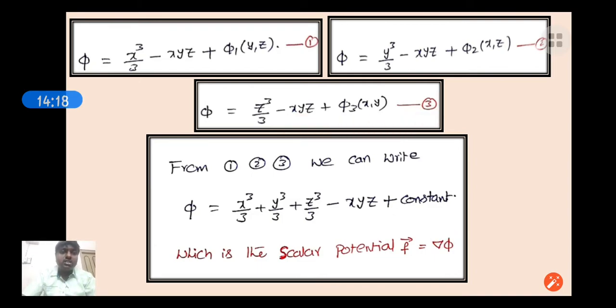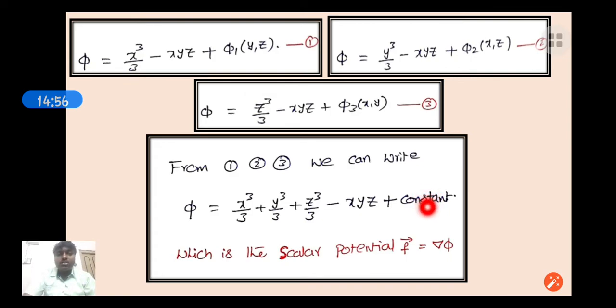So minus xyz is common in each and every equation, that's why instead of three times only I am writing one time minus xyz. Next, phi 1 is constant, okay, leave that constant, plus in the second equation y cube by 3, I am writing y cube by 3. In the third equation z cube by 3, I am writing z cube by 3. So finally phi is equal to x cube by 3 plus y cube by 3 plus z cube by 3 minus xyz, plus instead of constants I am writing a constant c or any arbitrary constant.